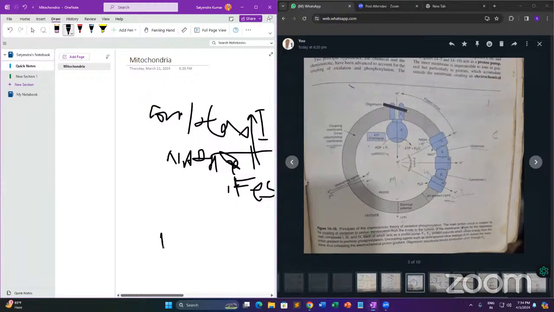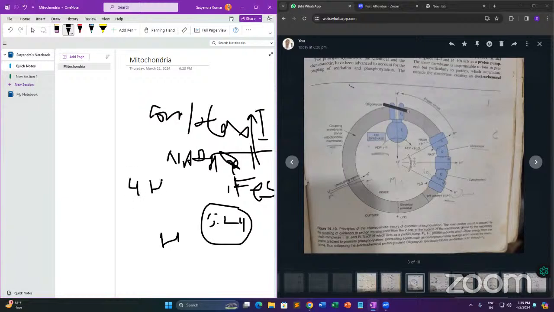So if you divide the 2.24 by the 10 protons, it becomes equal to 0.224 energy for one proton. So for synthesis of ATP from ADP and inorganic phosphate, the requirement is 4 protons.